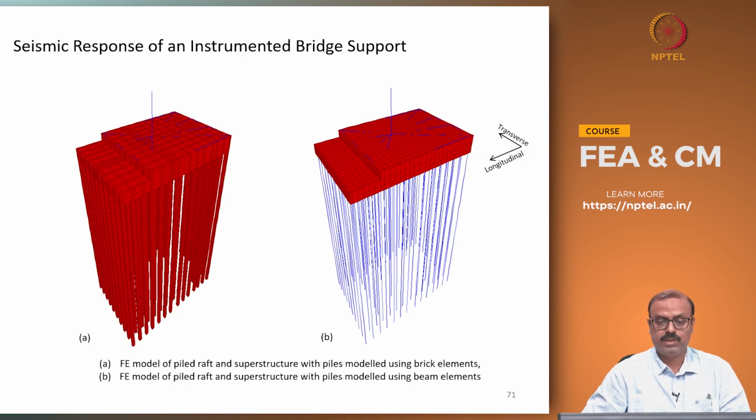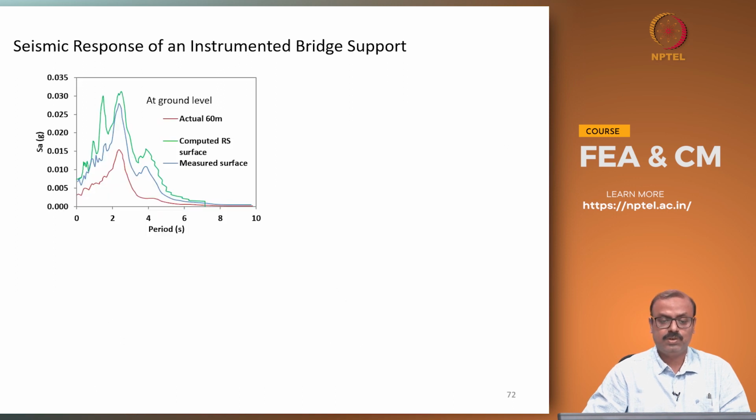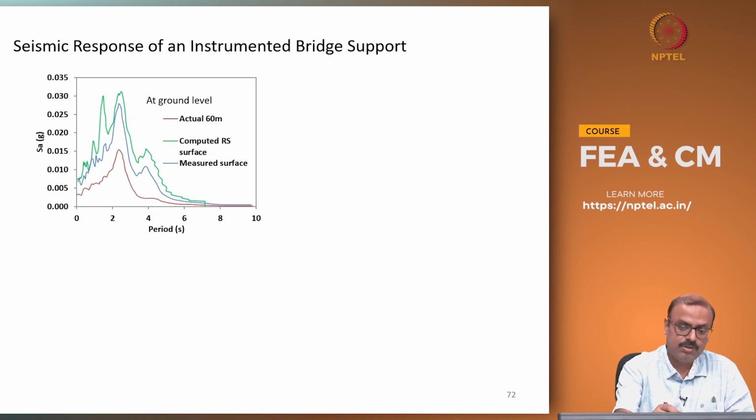This is the finite element mesh of the bridge pier structure. As I said, it is support number 6. As you can see, these are the measured and the computed response at ground level. This is the actual input at 60 meters.